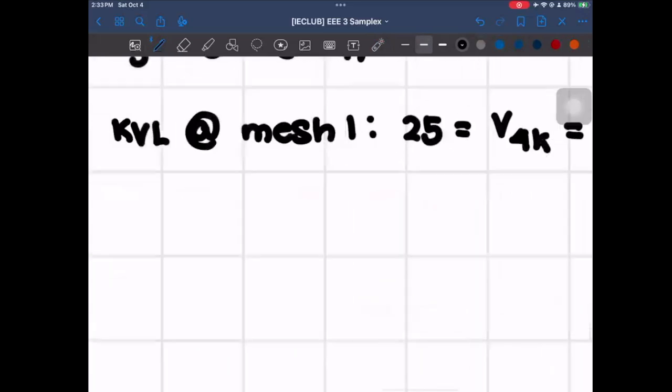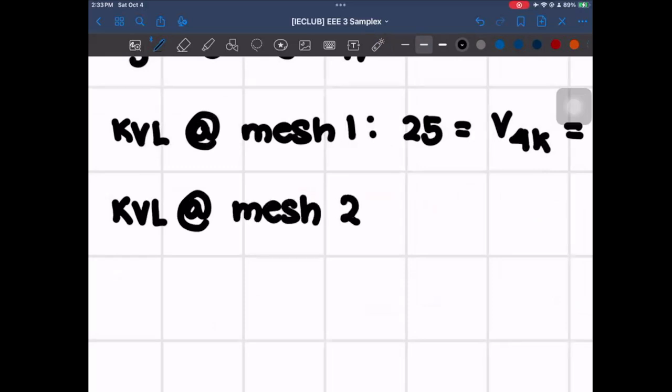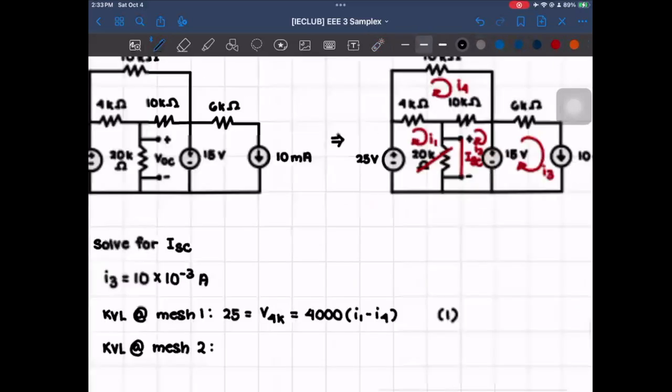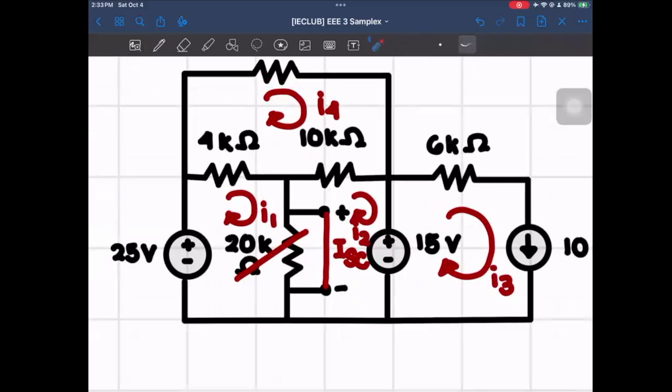And then KVL at mesh 2 is going to be, the only one that's going to rise is just this 15 volts. No, actually for this one it's actually going to drop. Sorry, that's going to drop as it's positive to negative. So it's going downwards. That will be similar to the 10K ohms resistor.